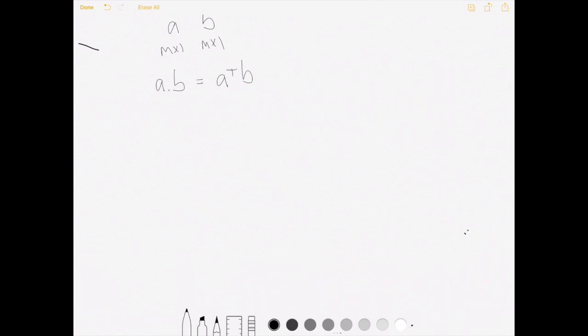So A transpose is 1 by m, B is m by 1, so the resulting product is going to be 1 by 1, so it's just a scalar. And that's just the sum of A_i times B_i, where i goes from 1 to m. If we want to write that out, it's A1 B1 plus A2 B2 plus up to AM BM.